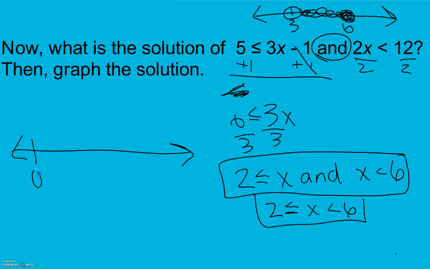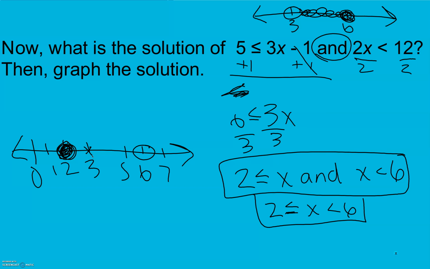On our graph, circle at 2, fill it in. Circle at 6, keep it open. 2 is less than our numbers, so 2 is less than 3, for example.